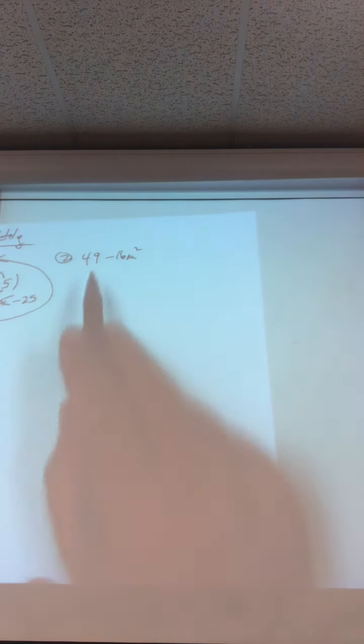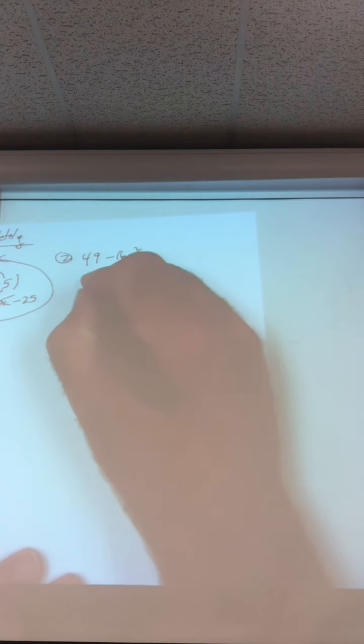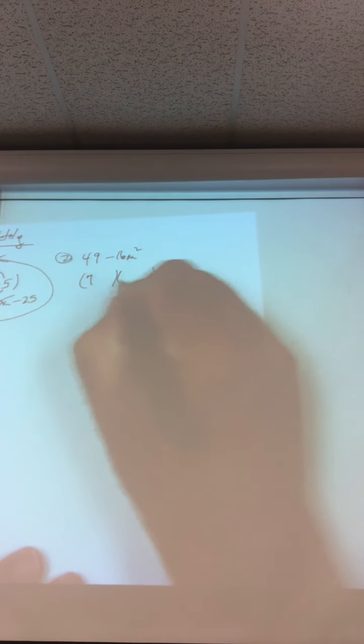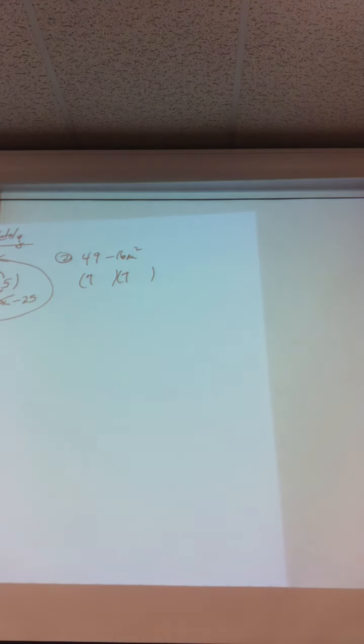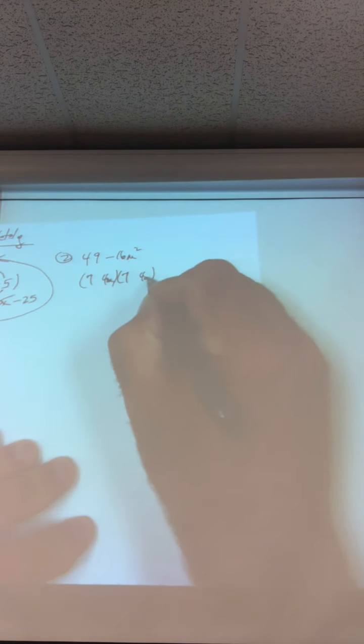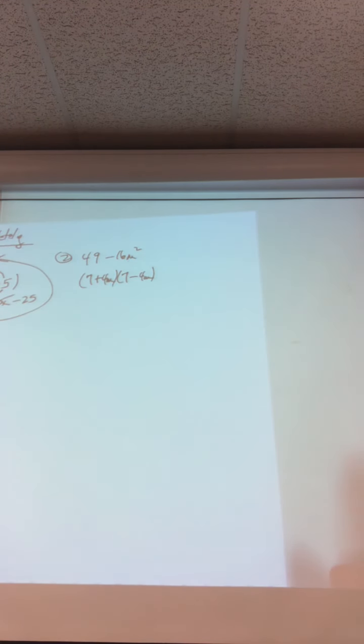Perfect square, 7 and 7. 4m and 4m? Yes. Now, because the 49 is first, you have to put the 7s first. So it would be 7 and 7, 4m and 4m. And one's got to be a plus, one's got to be a minus. Always, one will be plus, one will be minus.